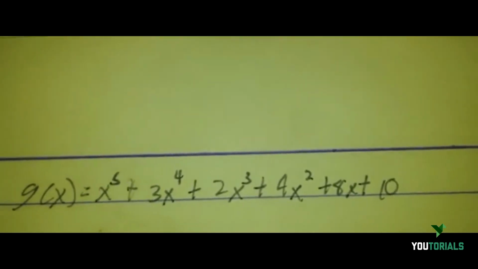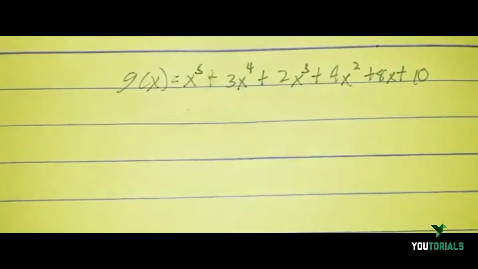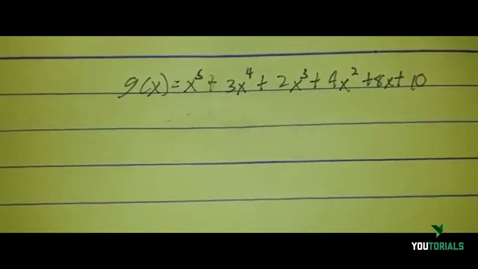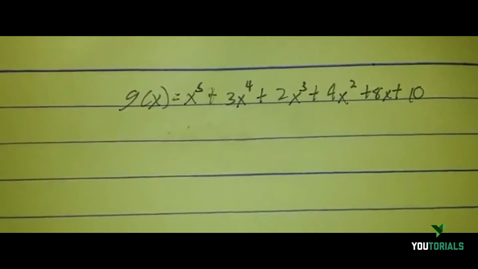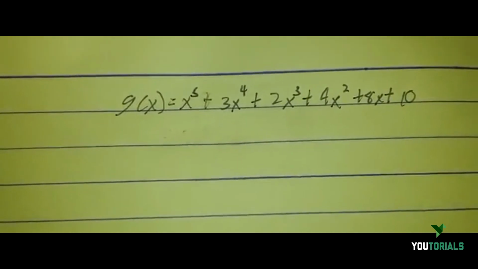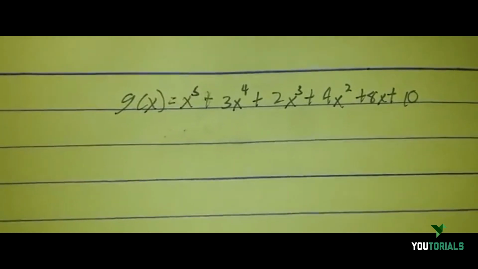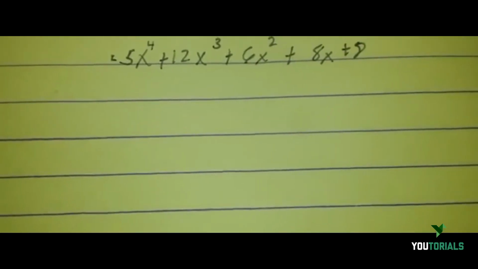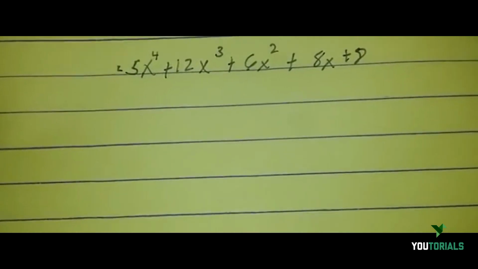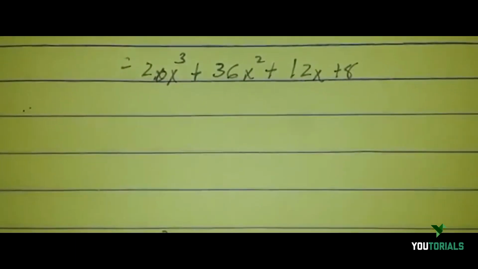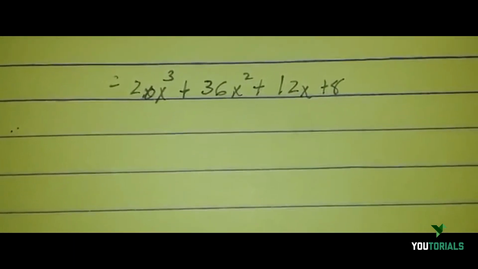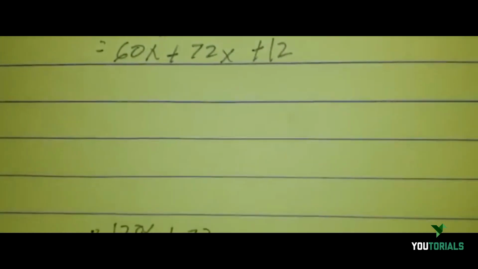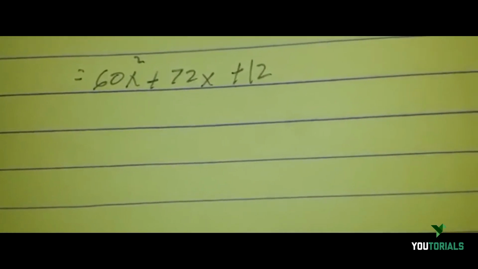Here is the first derivative, here is the second one, following chain rule. Here is the third one, following the chain rule. Here's the final one, following the same chain rule.